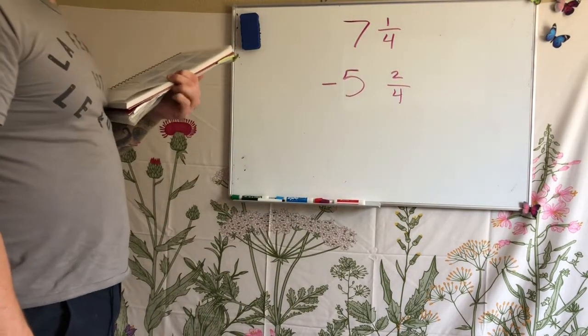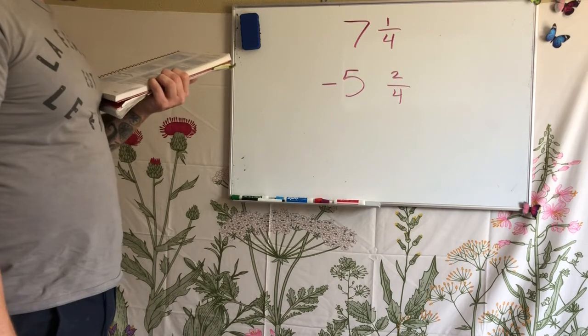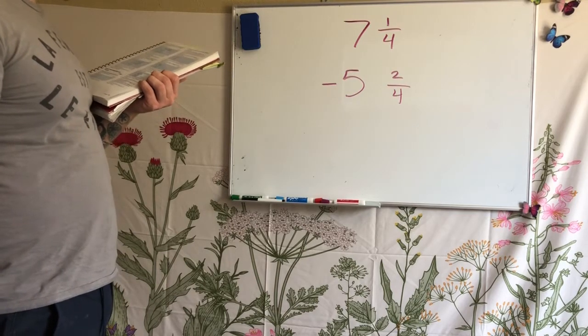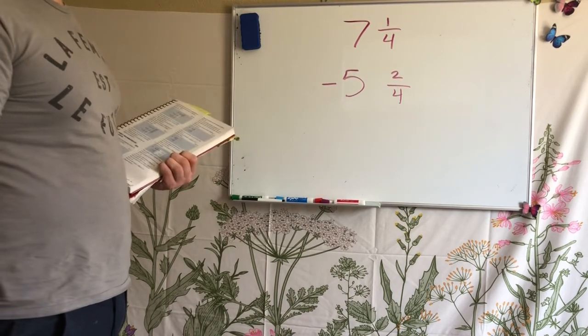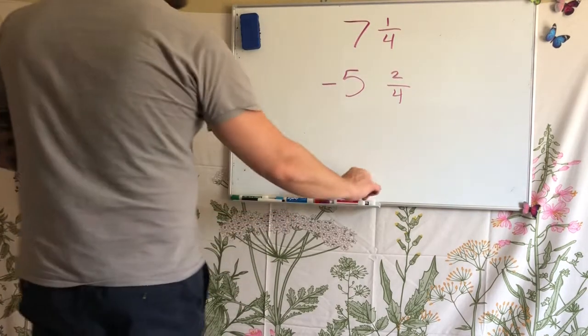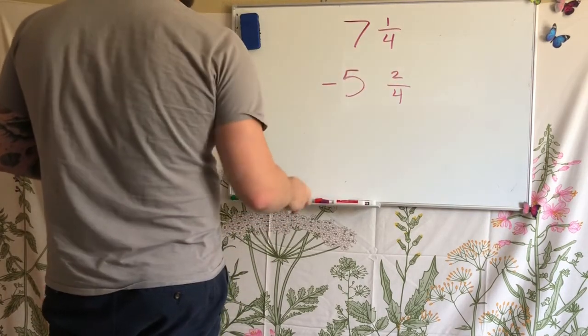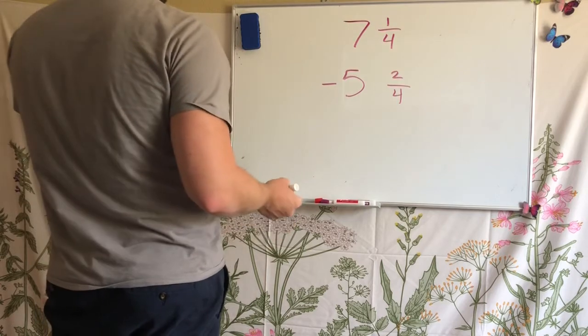Read the problem for the fractions. Pause the video. 1/4 minus 2/4. Can we work that problem? No. You can't do 1 minus 2. So, we're going to rewrite it.